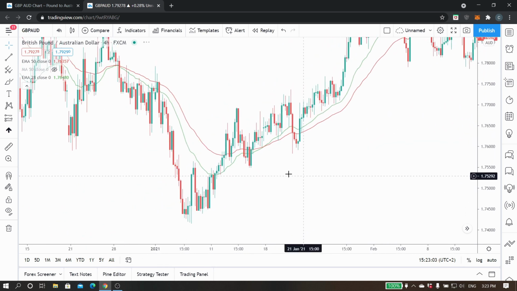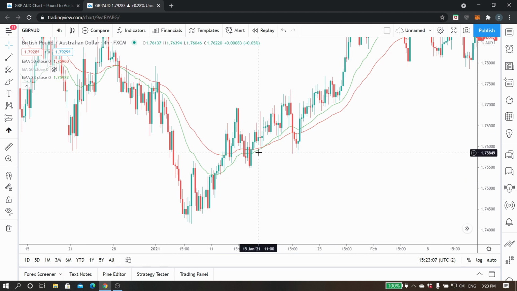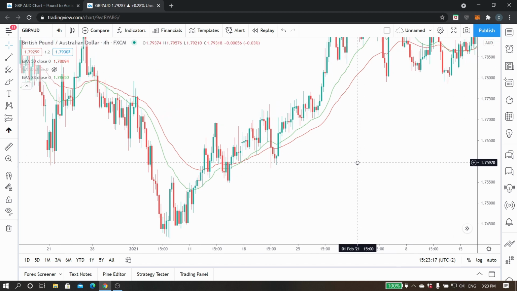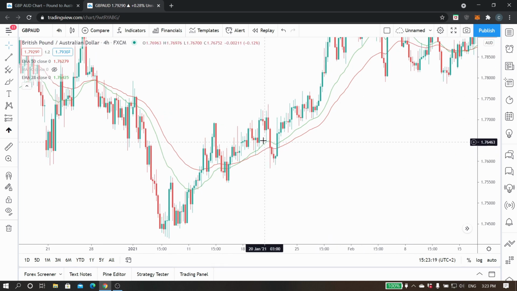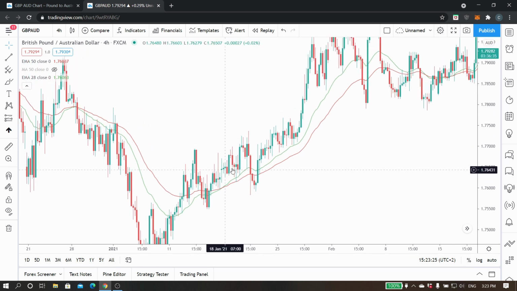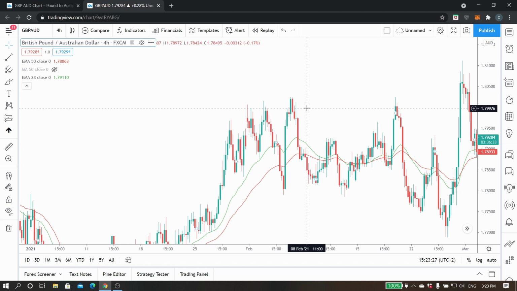Let's say right here the lower period one crosses over the higher period one, so you could have seen this as a signal to buy. You would have bought here, and then with a decent stop loss, it should have been pretty big here, so it might not have been the best trade, but you could have ridden the price up pretty well.